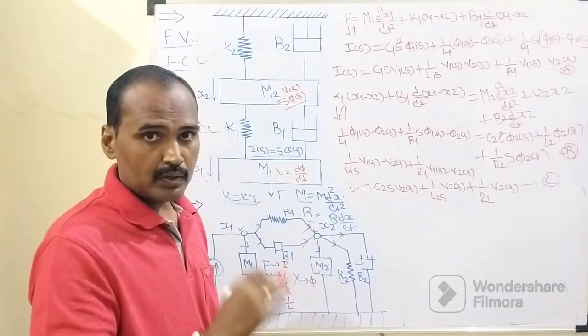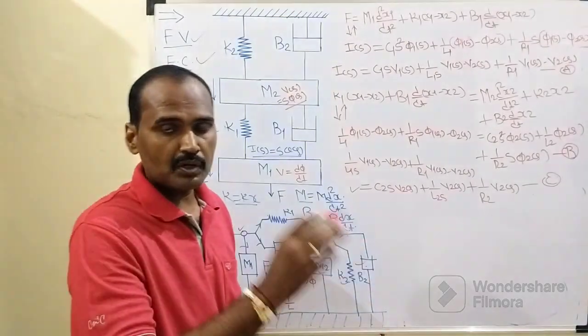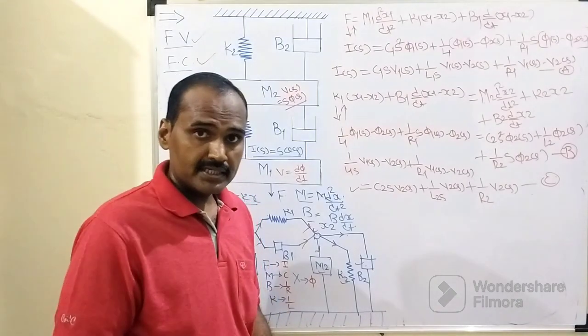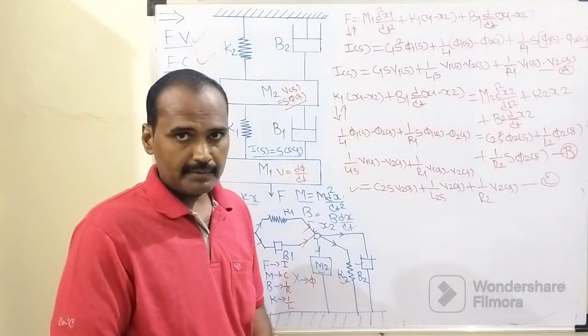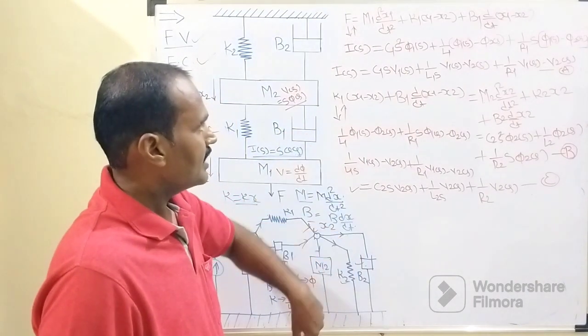In the force current analogy, we used to have the common term as a current, right? If the current is common, these elements are connected in series form. If voltage is common, obviously these elements are connected in shunt form.